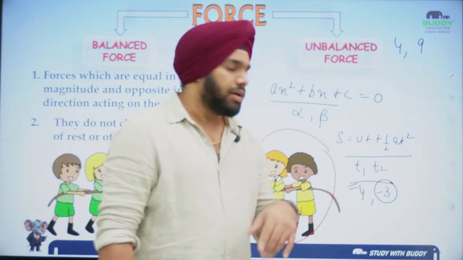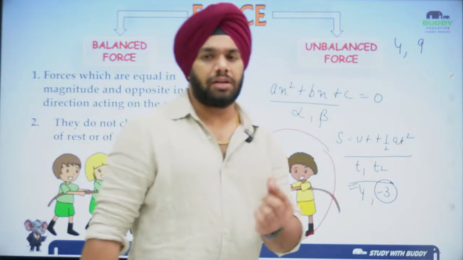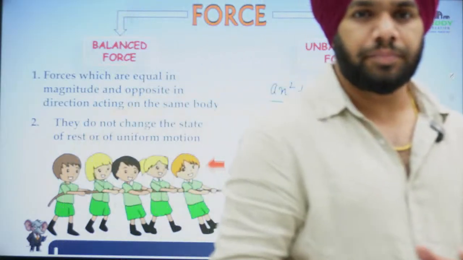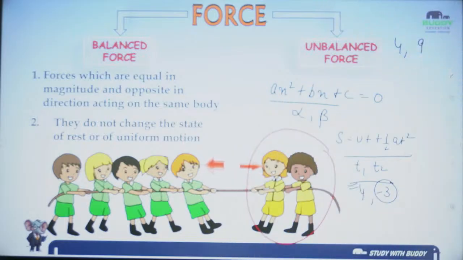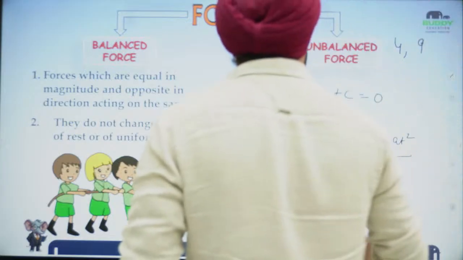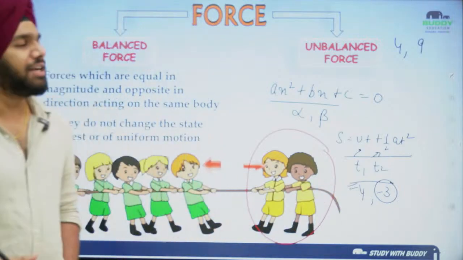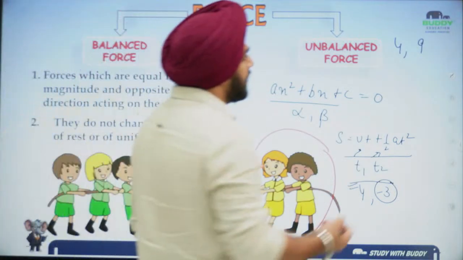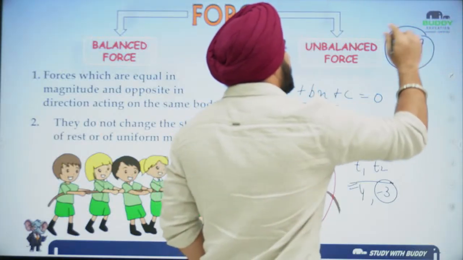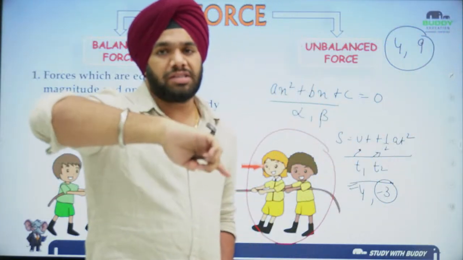This is one way, if you get one value positive and the other negative. And if t1 and t2 both come out positive, that means the same position, like the body is turning around.